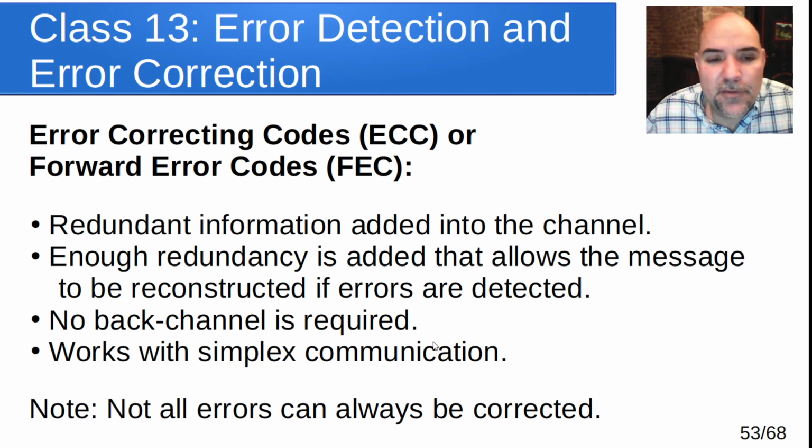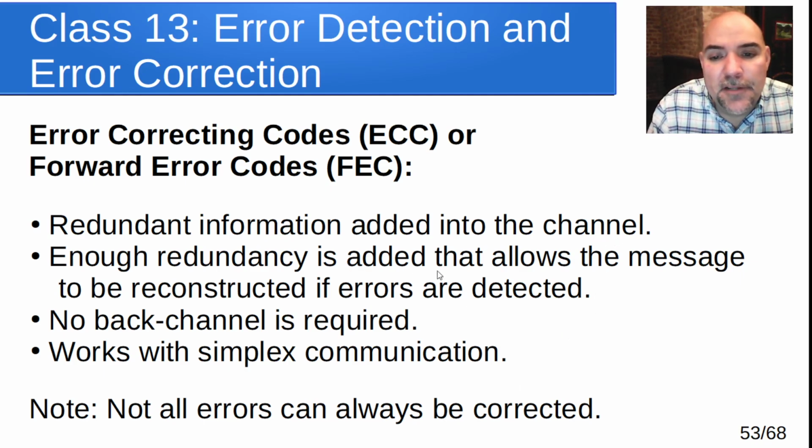Sometimes you'll see it referred to as FEC, forward error codes. And what forward means is essentially that there's no back channel. You're just taking the stream of data, and given that stream of data, if there are errors in it, we can correct them as long as it's not too messed up. So redundant information is added into the channel.